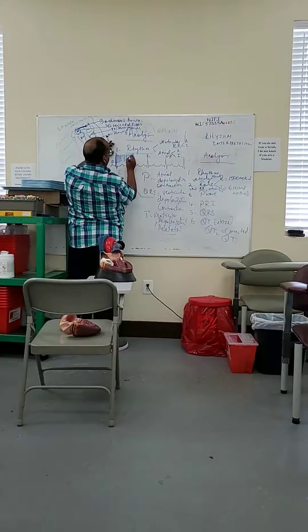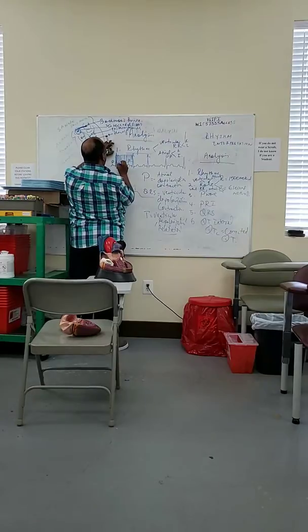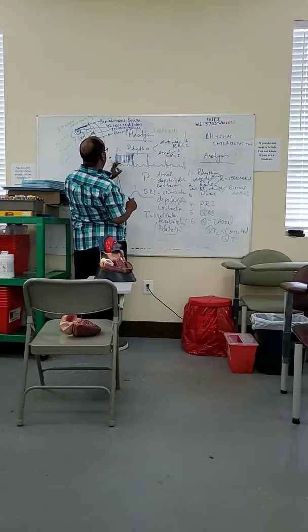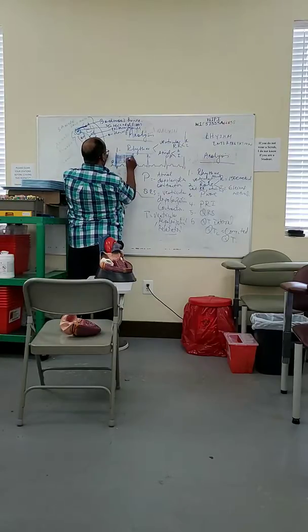Okay, let's say 18 little boxes. So it means always you have how many? 5 little boxes will be there, 1, 2, 3, 4, 5.